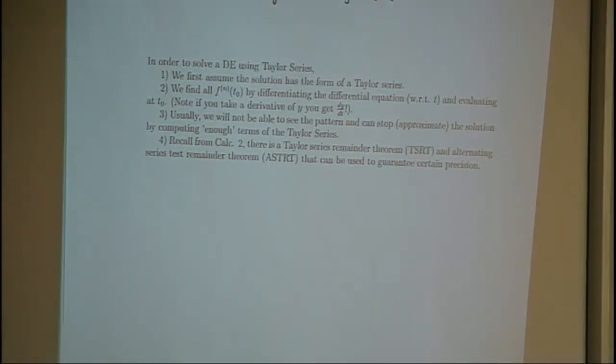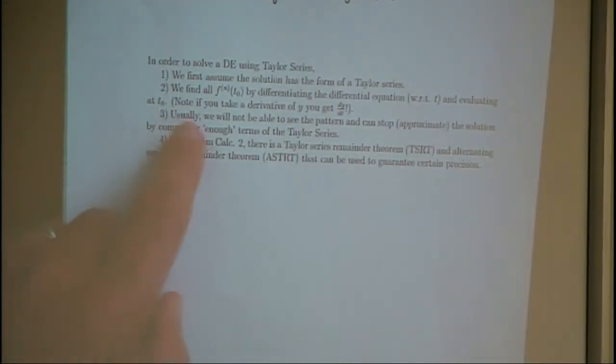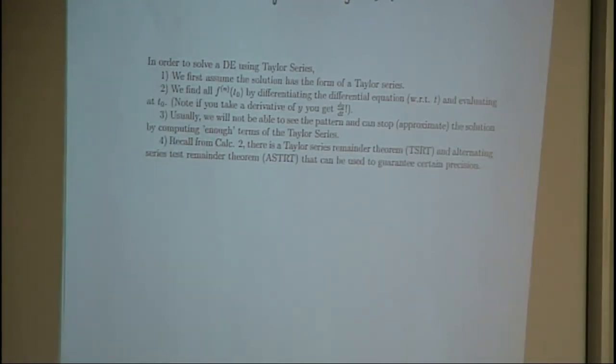And then you're going to evaluate at t0. And then the other thing I want to make note of is that we are differentiating with respect to t, not y. That's a common misconception. So if you take a derivative with respect to y, you're actually getting dy dt. Or said differently, you can think of it as implicit differentiation with respect to letter t.